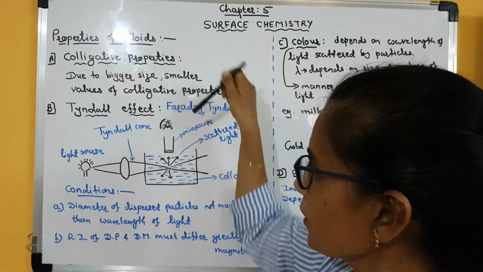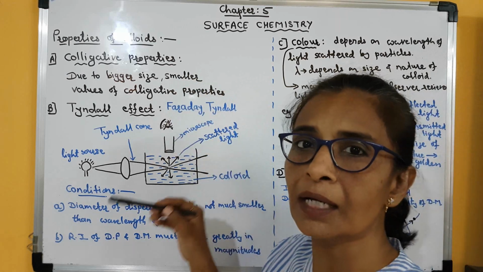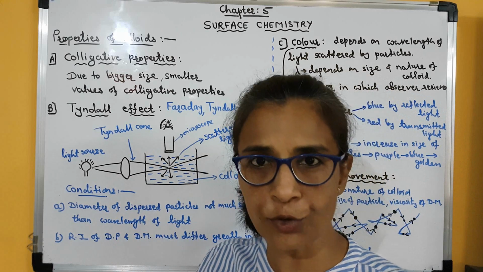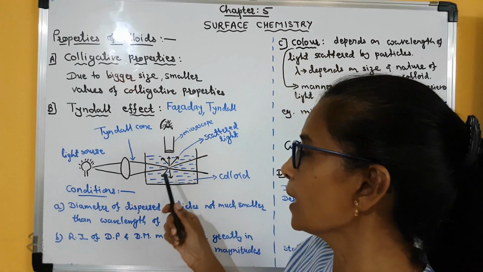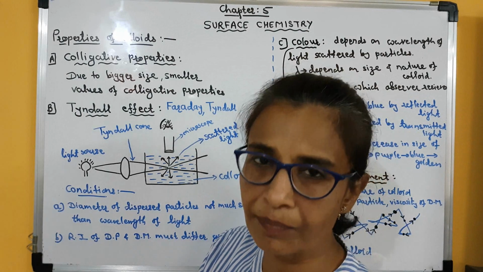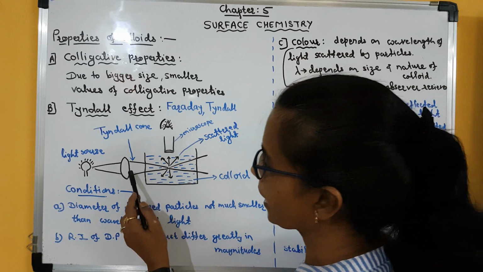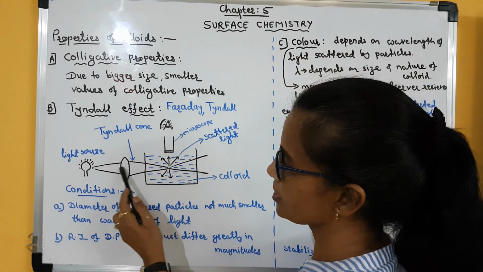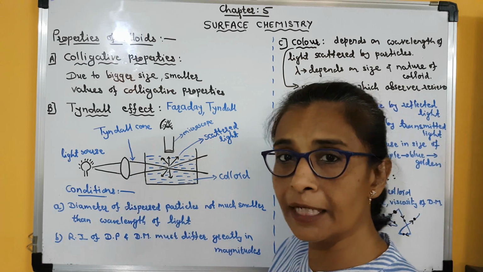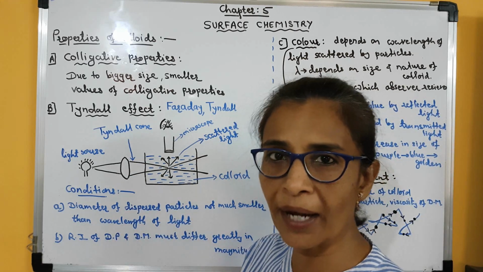But if we observe from the direction at right angles to the light which is focused on the colloidal solution, then mild to strong opalescent behavior is observed. It means that the path of the light, see, this is the path of the beam of the light, gets illuminated. It appears blue in color. Now why is it so?